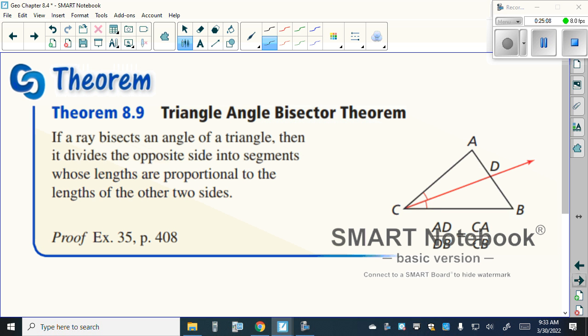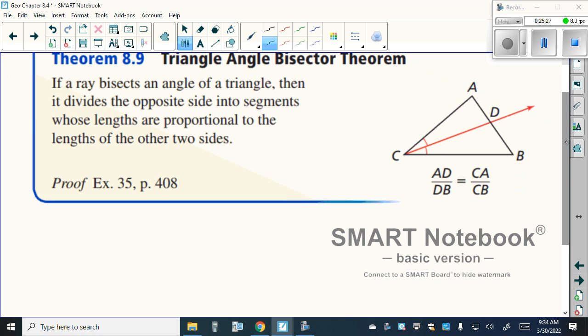Let's go on and look at the last one, the triangle angle bisector. If a ray bisects an angle of a triangle, cuts it in half, then it divides the opposite side into segments whose lengths are proportional to the lengths of the two other sides. So we're looking at AD over BD.